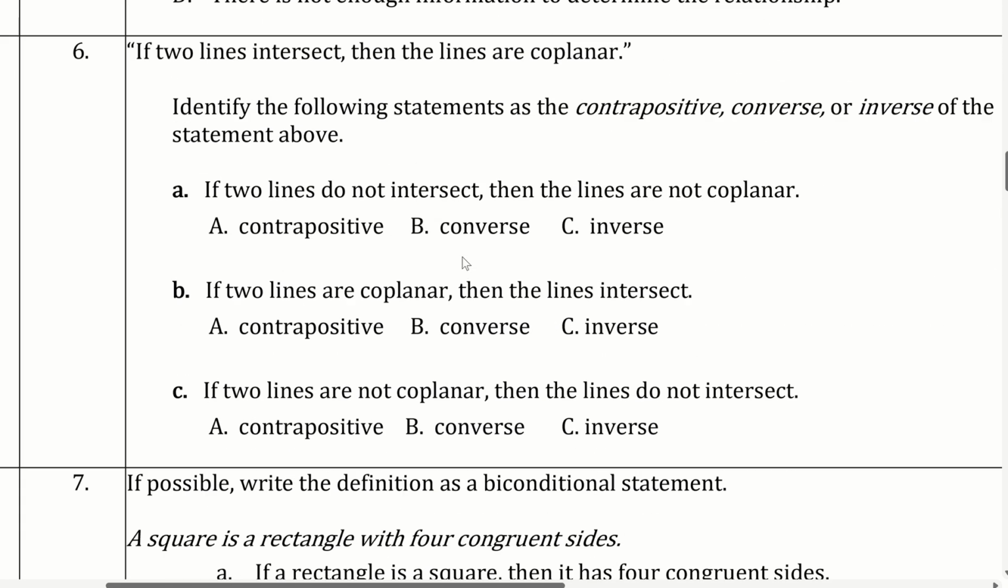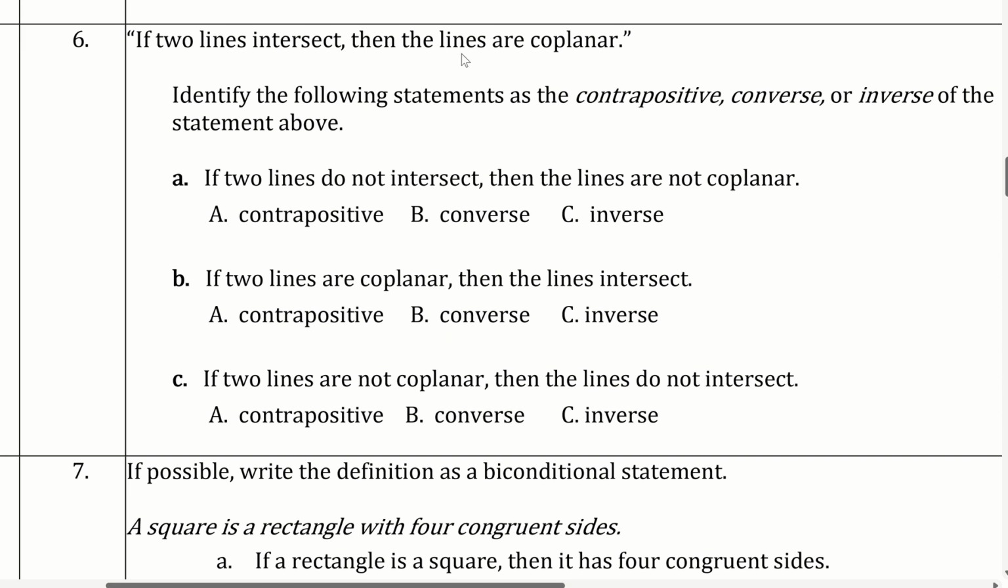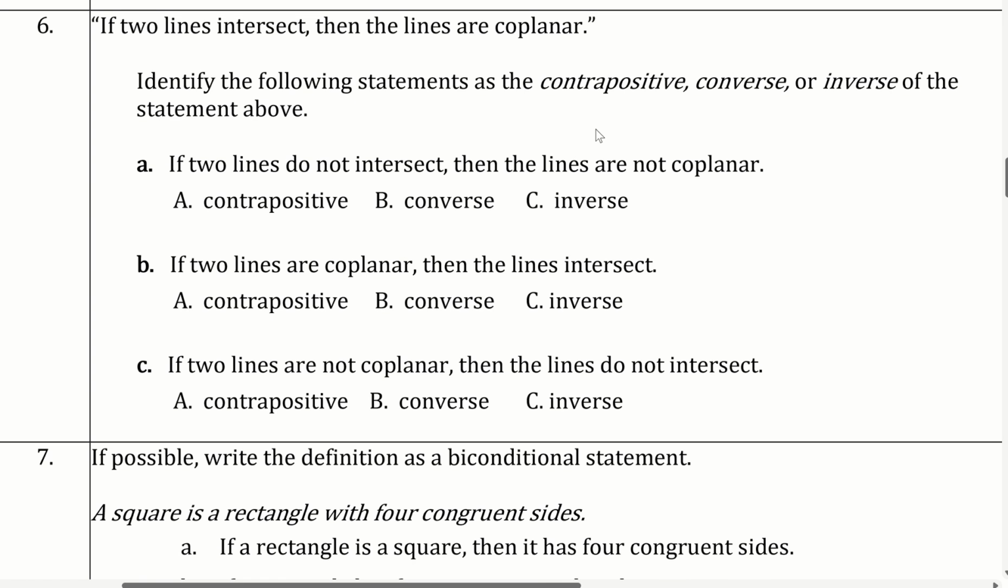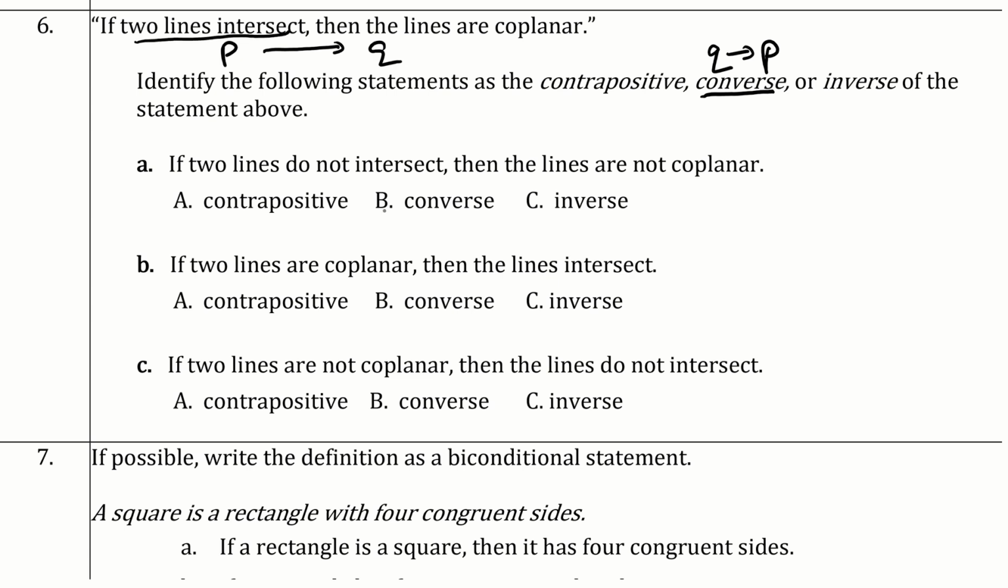All right, so on number 6, if two lines intersect, then the lines are coplanar. And then identify the following statements as contrapositive, converse, or inverse. All right, so we got to see which one's the contrapositive. The converse is when you switch the P and the Q, so it's going to be Q goes to P. The original is P goes to Q, where P is the two lines intersect, and Q is the lines are coplanar, right?